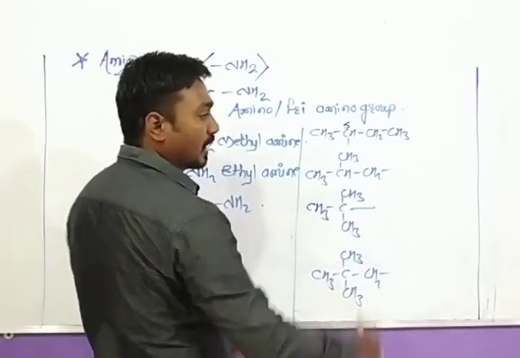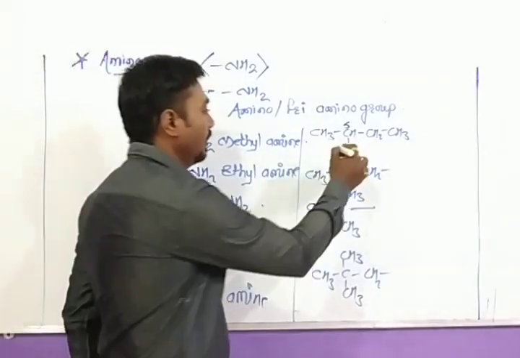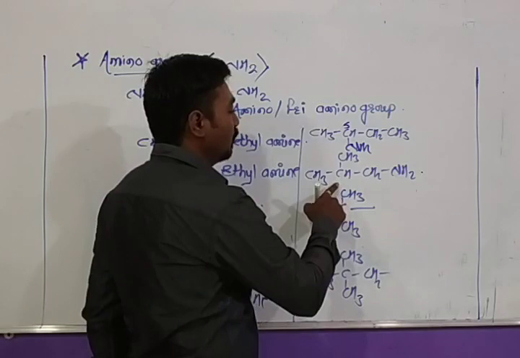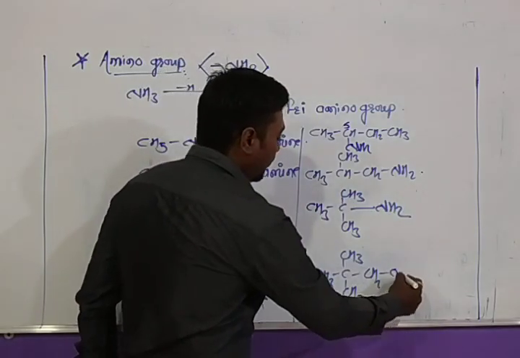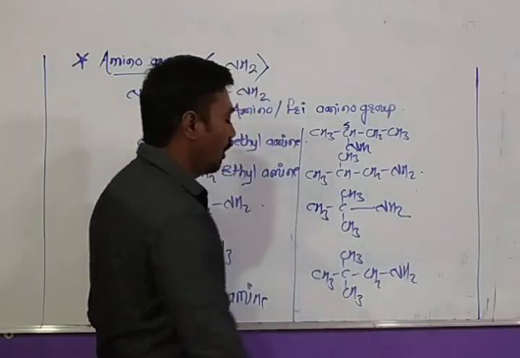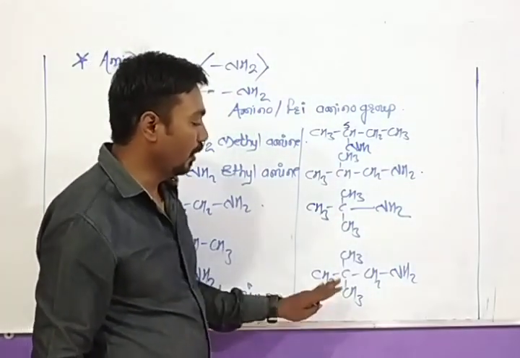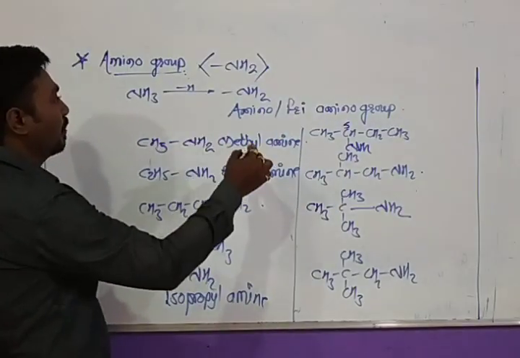In this case, the compound will be secondary butyl amine. In this case, it will be isobutyl amine. Here it is tertiary butyl amine, and here it is neopentyl amine, or neoamyl amine. All these amines are primary.